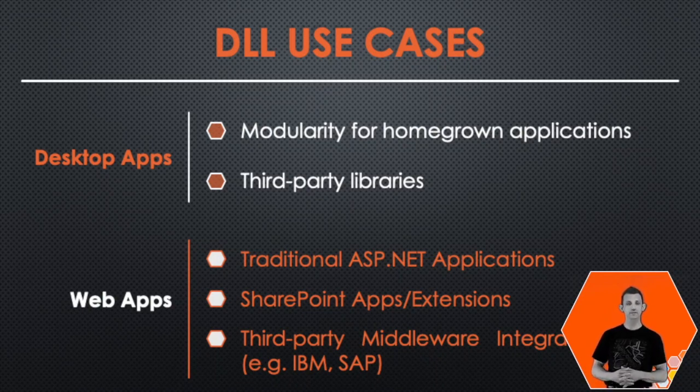So looking at desktop apps, one of the big benefits of DLLs, and in the .NET environment, DLLs of course still exist, but they are referred to as assemblies. So one of the big uses for desktop apps is the modularity for homegrown applications, the whole PDF viewer and modification library story that we talked about a minute ago.